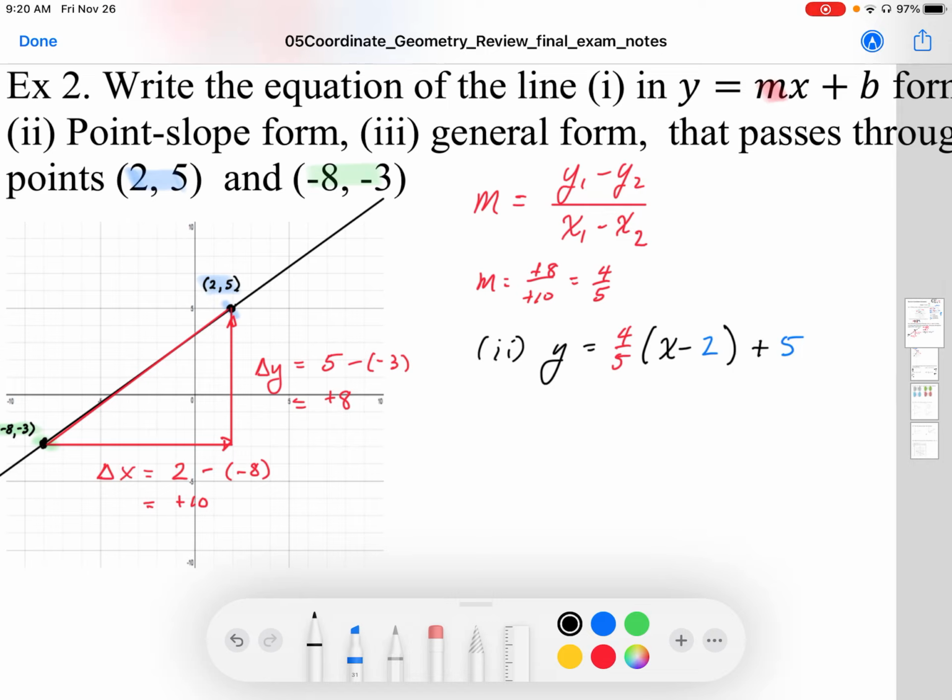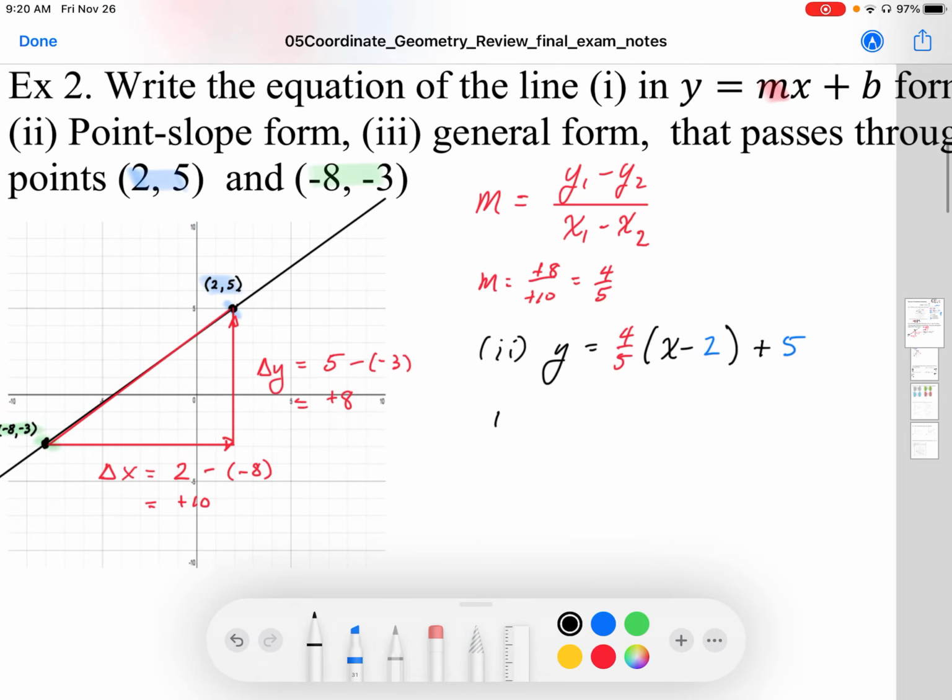If I've already got the point slope form, all I have to do is rearrange the same equation. I'm going to multiply through, so I end up with 4/5x minus 8/5 plus 5. I'm going to rewrite 5 as 25/5 to get a common denominator.